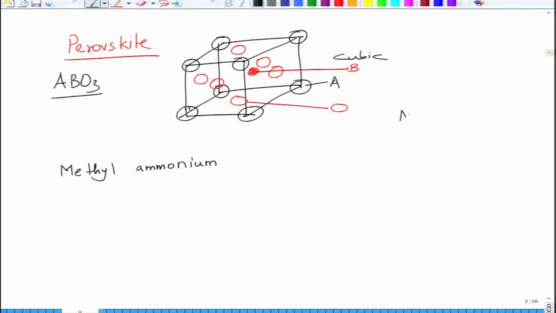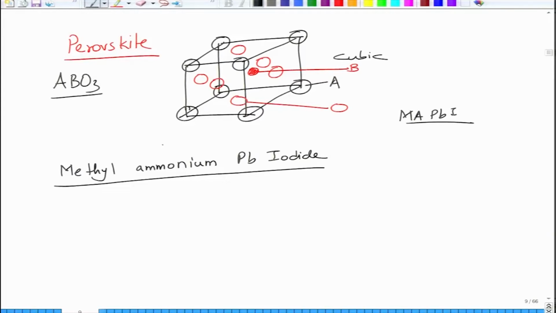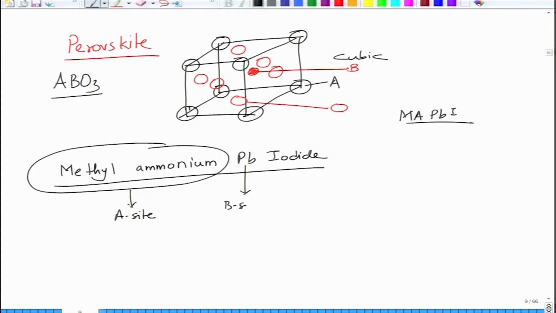So, it is called MAPbI3, right. Here methyl ammonium goes to the A site, lead goes to the B site, and iodine goes to the face centers.